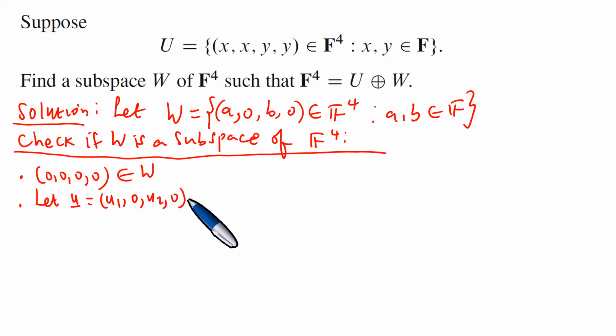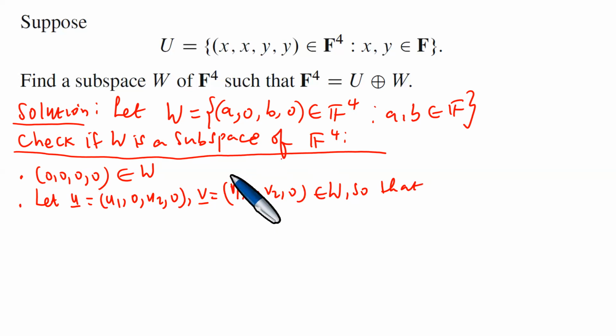Then you can have another vector V of the same nature, so V1, 0, V2, 0. You take these 2 vectors to be members of W, of the nature of the vectors in the set W.